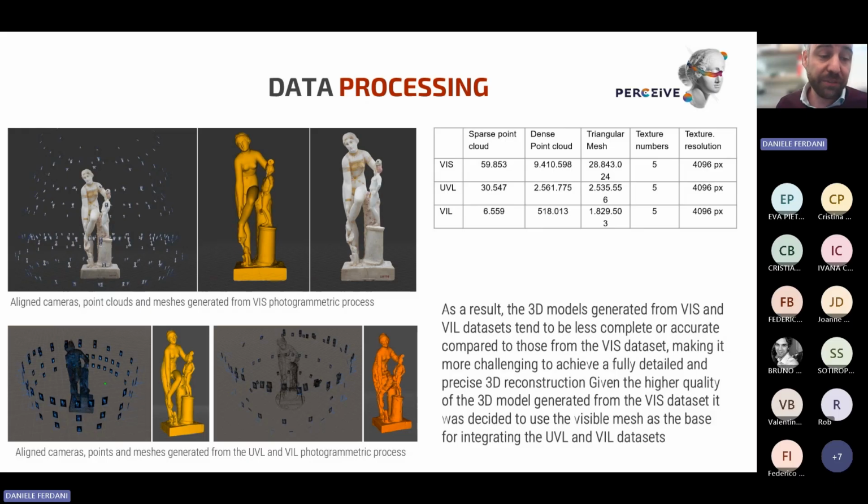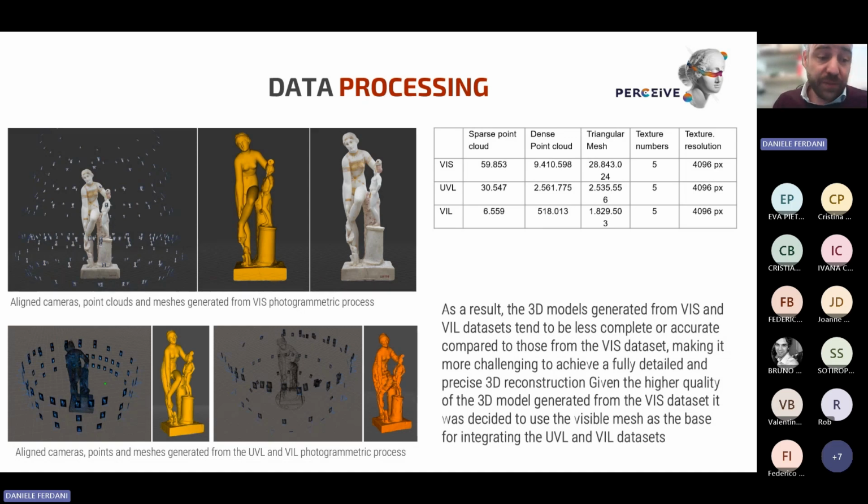After that, each spectral dataset was independently processed using photogrammetric software. In this case, we used 3DF Zephyr in order to generate aligned camera positions, dense point cloud, textured mesh, and so on. This is the standard photogrammetric workflow to obtain the model.